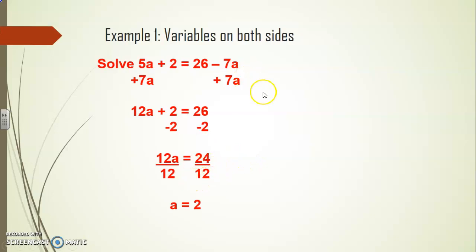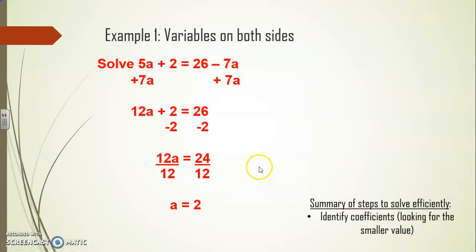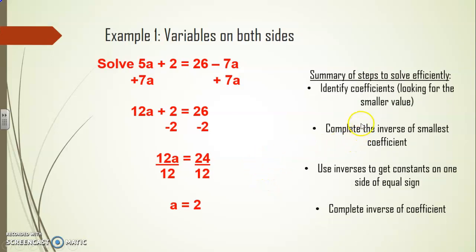So in general, to summarize what you're going to do when you're solving equations with variables on both sides, you're going to identify your coefficients. In this example, my coefficients are 5 and -7. You're looking for the coefficient with the smaller value, so -7 is the smaller coefficient.